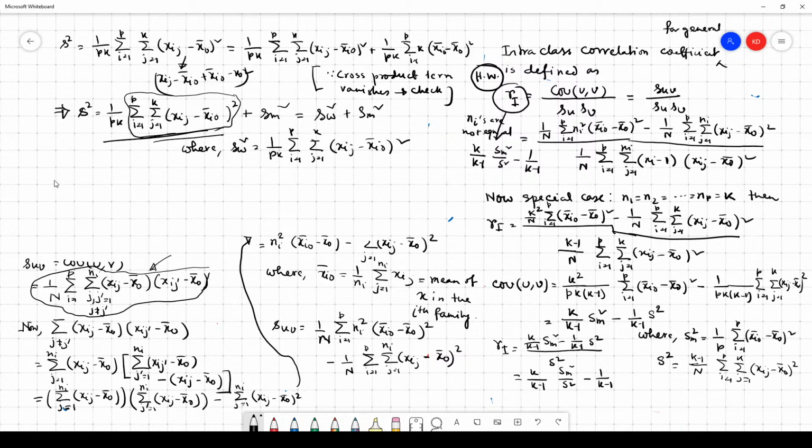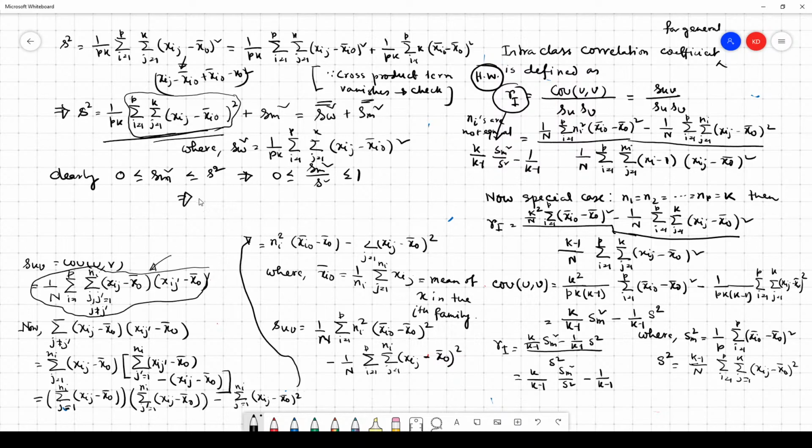So clearly, both are sums of squares, that means both are positive quantities. It is better to say non-negative quantities. So for this reason, Sm square should be less than or equal to S square, and therefore Sm square by S square should be less than or equal to 1.